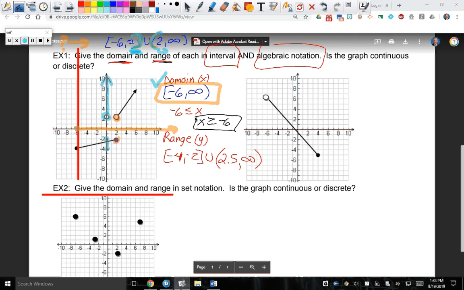To me, I prefer that because it's showing you what I have here highlighted in orange right here. X's that are greater than or equal to -6. Remember, these two things mean the same. -6 is less than or equal to x is the same as x is greater than or equal to -6.